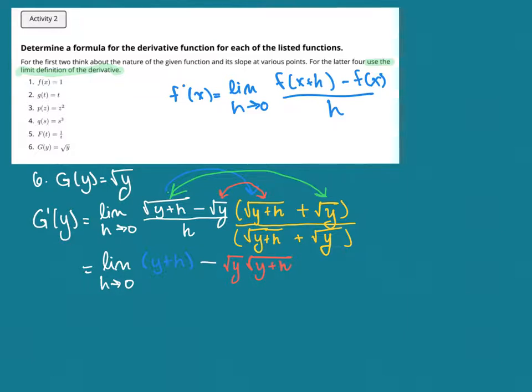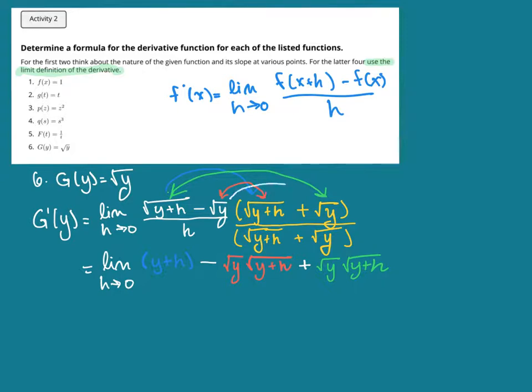Let's see. It's going to be plus my outside terms multiplied together, which gives me the square root of y times the square root of y plus h. And then at long last, I will take my final terms. I've really committed to using different colors here, and now I'm struggling. Oh well.